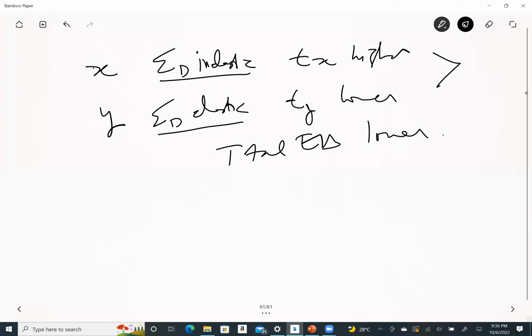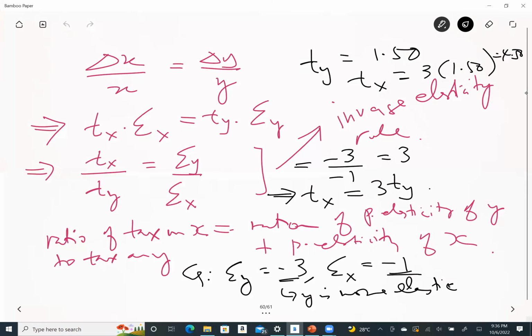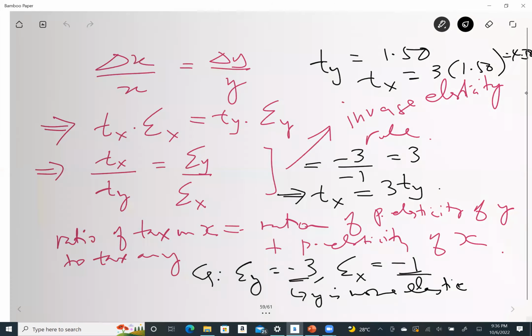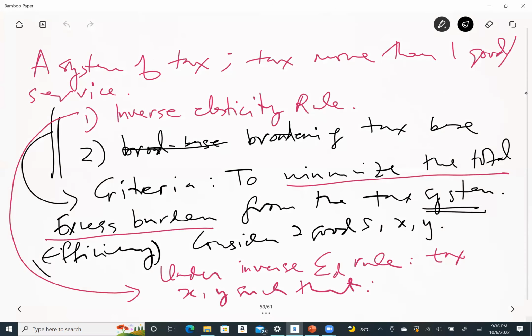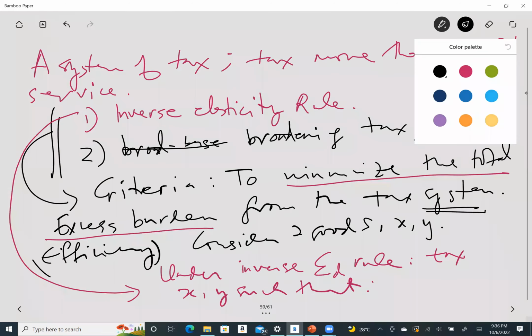All right, good. Now, the second part: broadening the tax base. Now, what is the tax base? You have to look at chapter 10. Chapter 10 defines base.